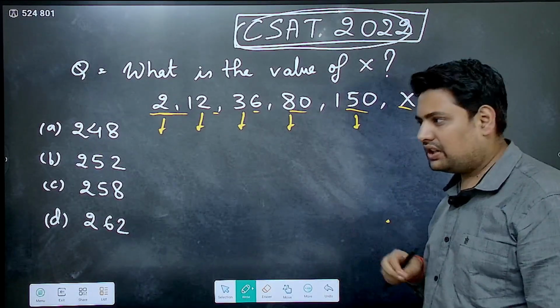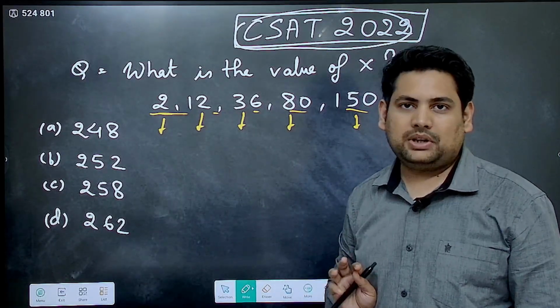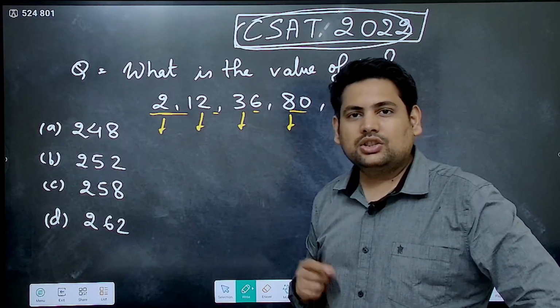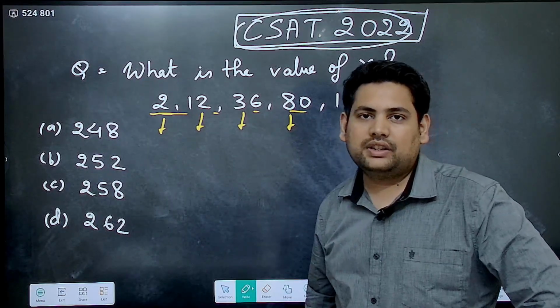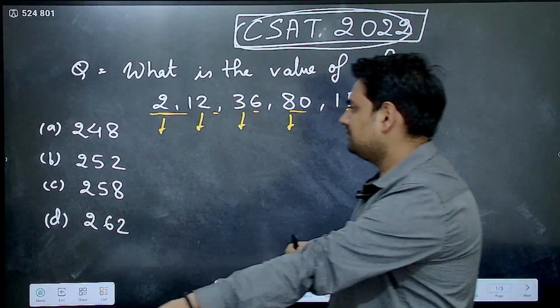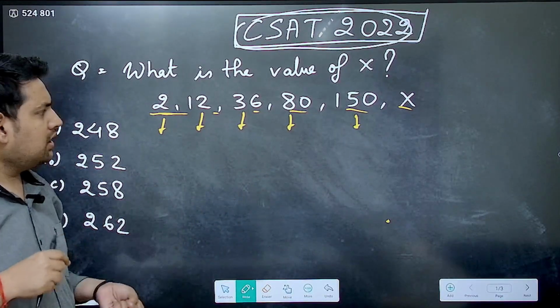So you are not getting any pattern in addition, subtraction or multiplication. Then what does it usually involve? It usually involves squares or cubes of different numbers. So what I could have guessed looking at it is this is somewhere related to squares or cubes.